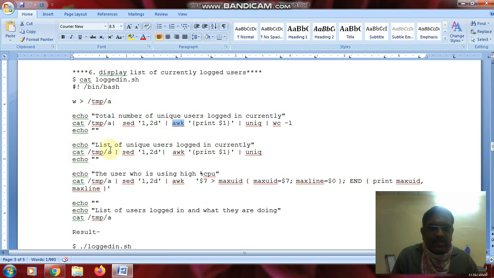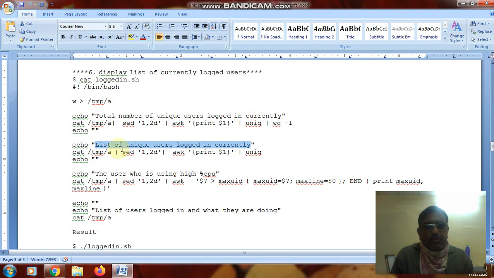And in the same manner, you have to identify the list of unique users logged in currently. These are all the total number of users logged in currently, and the list of unique users logged in currently.